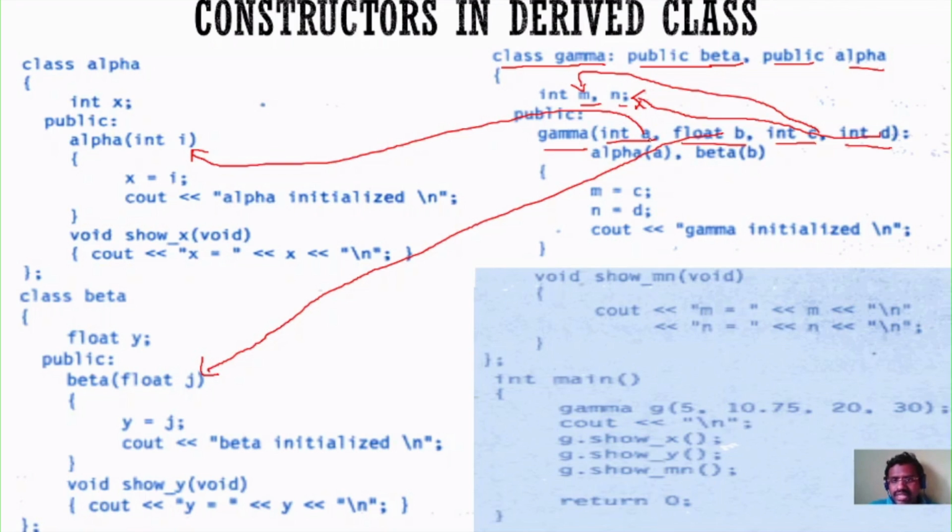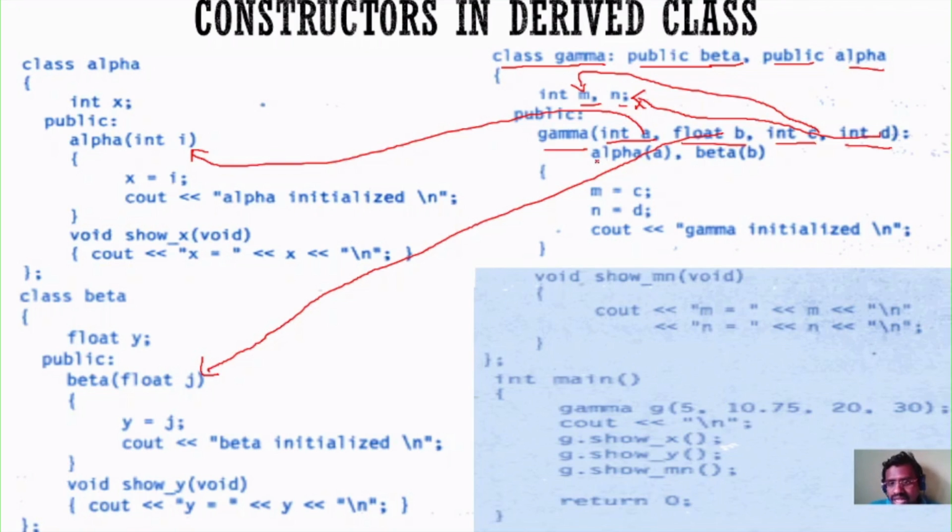Gamma of int a will be assigned to alpha, float b will be assigned to the beta constructor, and int c and int d, both c and d, will be assigned to the private data members of class gamma, that is m and n. Now see here, m is equal to c, and n is equal to d. That's how I have defined and initialized the private data members m and n of gamma with respect to c and d.